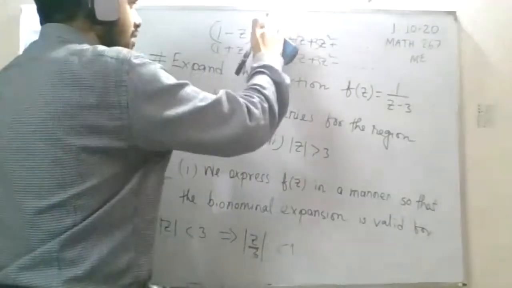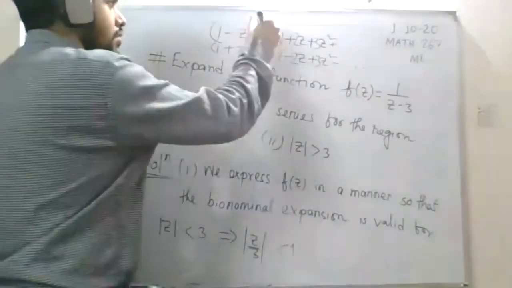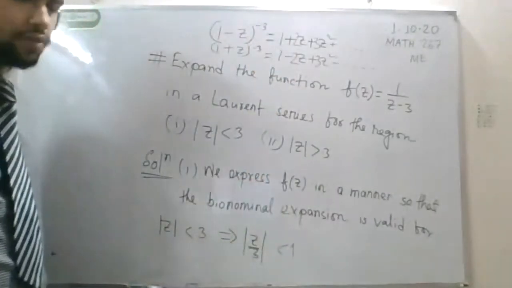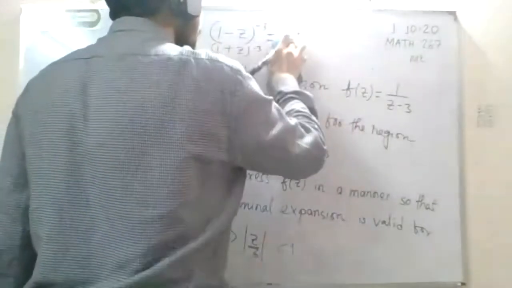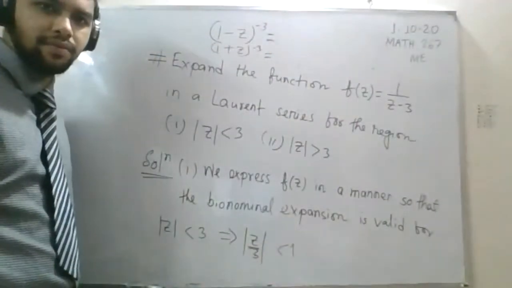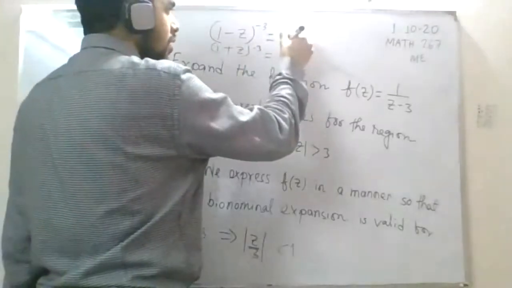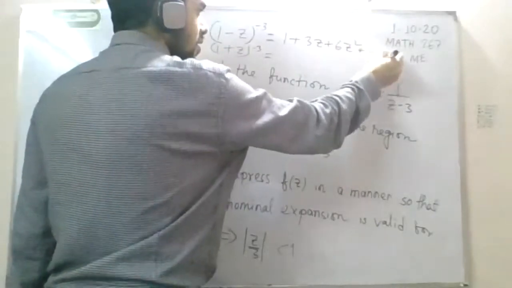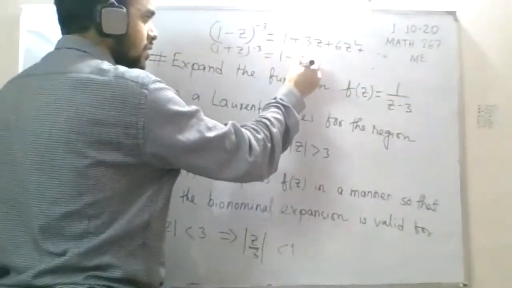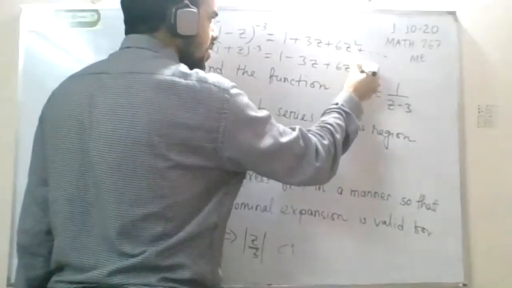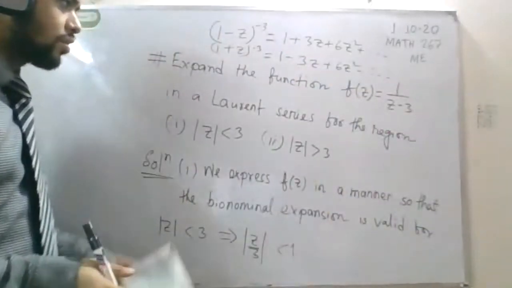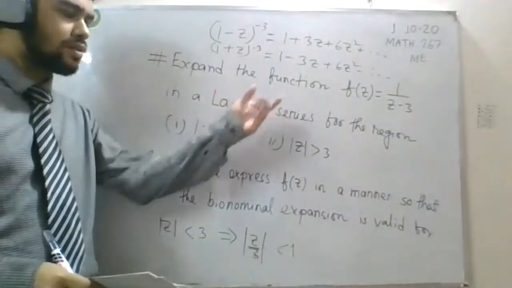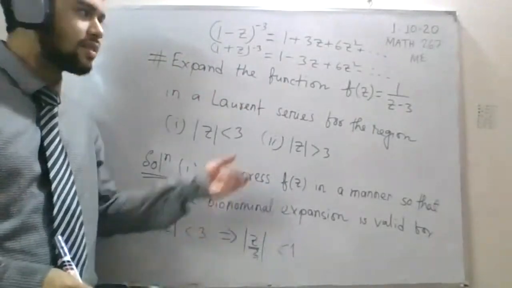Now, if I say this is 3, what will be the answer? It is 1 plus 3z plus 6z square, and also 1 minus 3z plus 6z square. So you need this binomial extension to find the Laurent extension or series from your given equation.